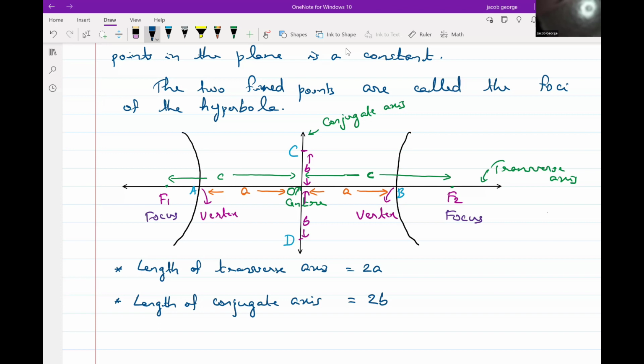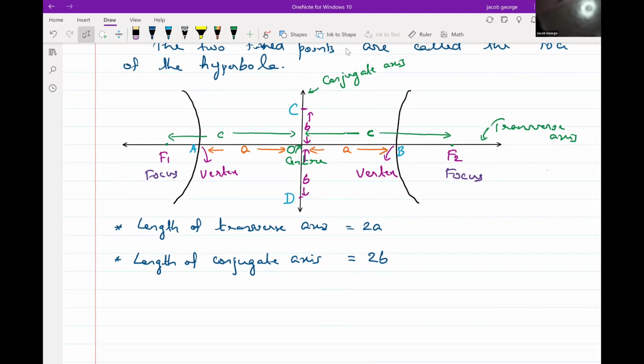Then distance between the foci is 2c. So: length of transverse axis is 2a, length of conjugate axis is 2b, distance between the foci is 2c. Please mark this also to your diagram.